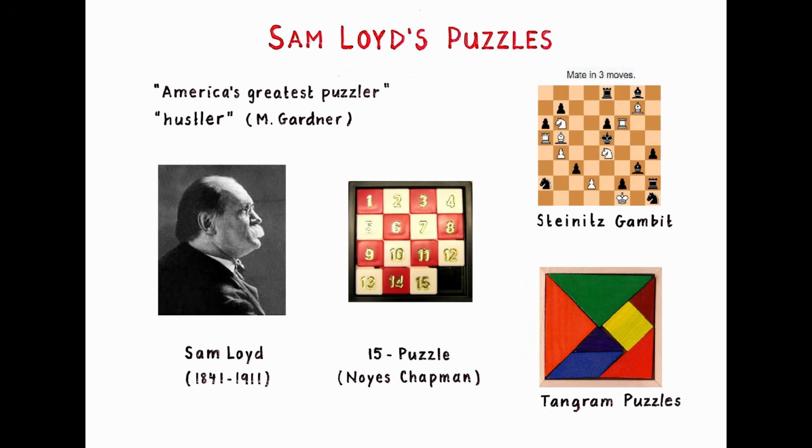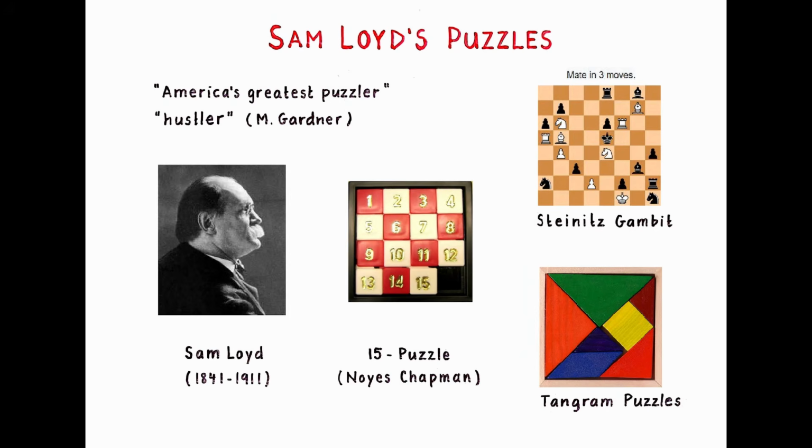So in that journal, there was also a mathematical column, and it was written by Martin Gardner, who often had mathematical puzzles that he stole, so to speak, from Sam Loyd, who was a very colorful person who lived mostly in the 19th century.